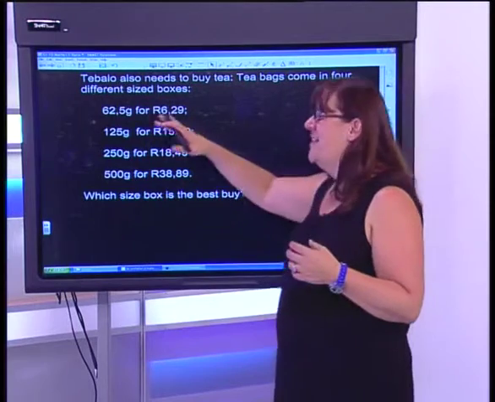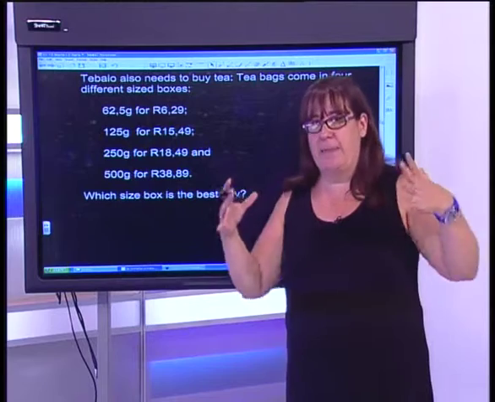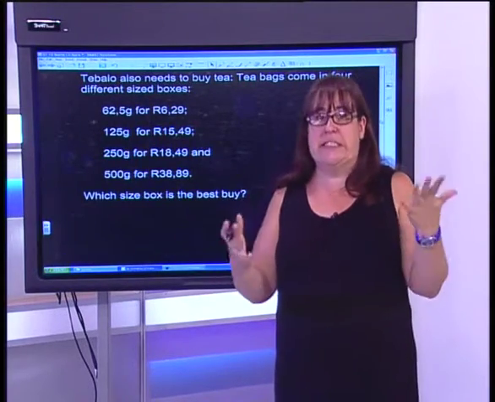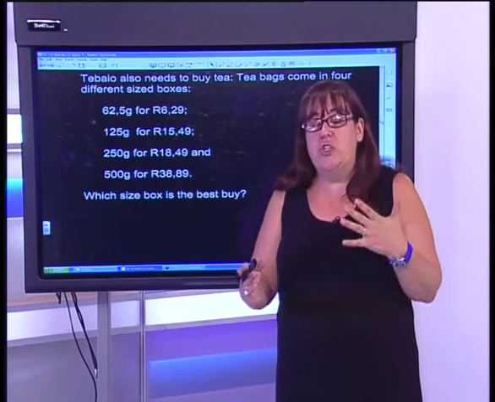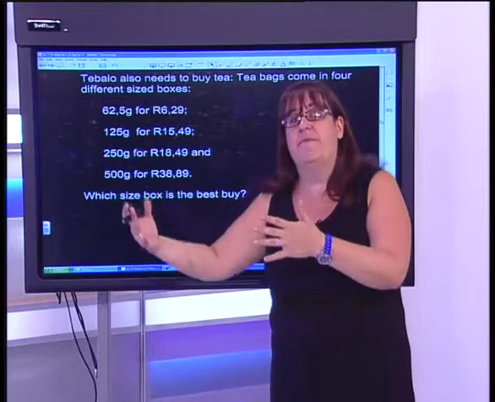Okay, let's go through the challenge question. What I want to look at, right, we're looking at 4 different values and 4 different size packages. Now, we can't compare prices if we've got different sizes. So what we need to do is look at the same value.